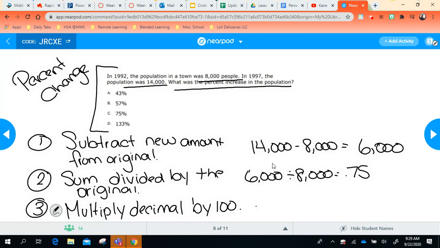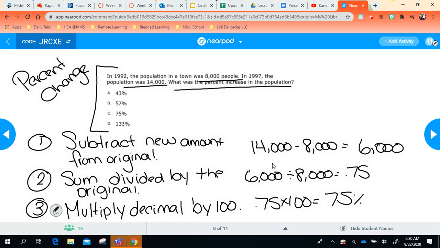So we take 0.75 times 100, and it gives us 75. Perfect, 75. I know that voice. 75%. That was Yuli Lani.